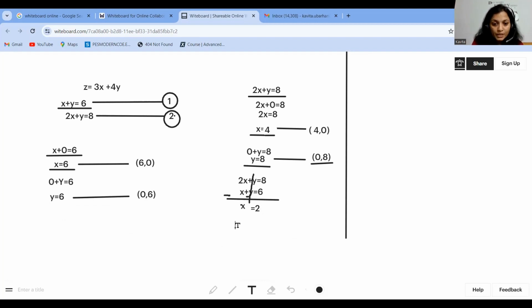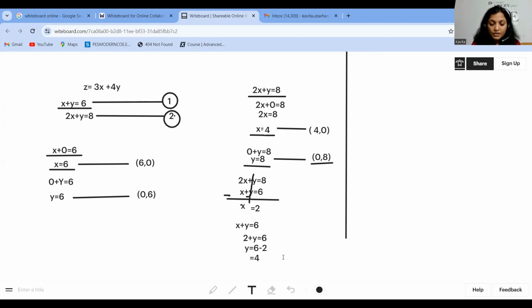Let us suppose x plus y is equal to 6. Here I'm putting x is equal to 2, that is 2 plus y is equal to 6. So we'll get the value of y: y is equal to 6 minus 2, so y will be 4.